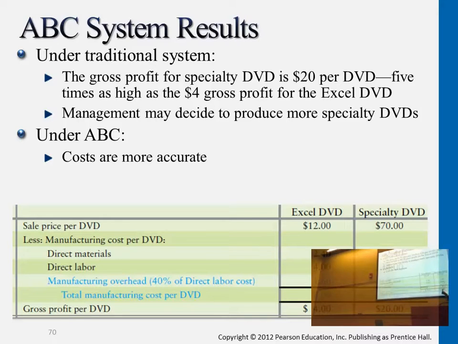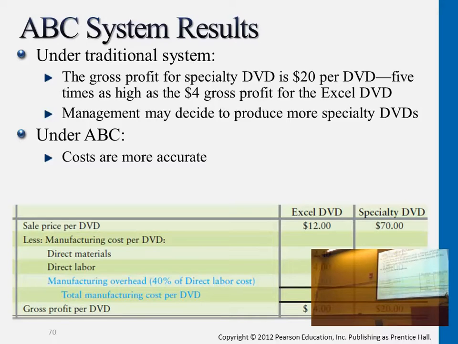The cost incurred for direct materials is $2.40 for Excel, $4 direct labor costs. Manufacturing overhead cost is $1.60. Add these costs together, subtract from sales, and it tells us that per disc we're able to gain a profit of $4, right? What about the right-hand side?